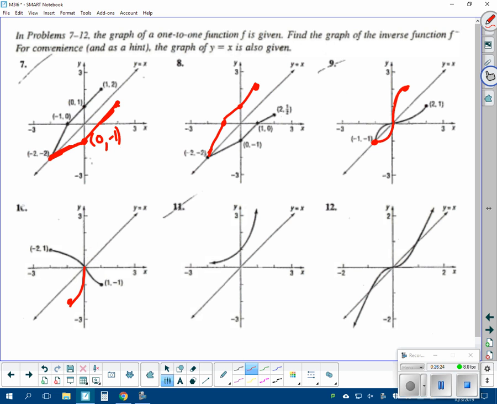Hold on, I didn't do that right. Wait a minute, what did I do wrong? That's right. Negative 1, 1 would be here. Is that right? That would flip here. That would flip there. Yes. Wait, something's wrong. What's wrong with me? Wait. Yeah, this doesn't go here. So this would be 1, negative 2 here. So yeah, that would come and then go like that.